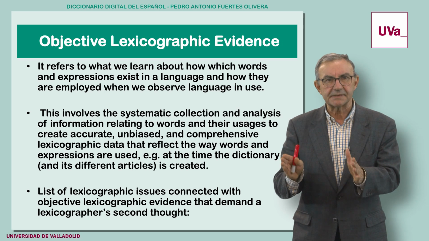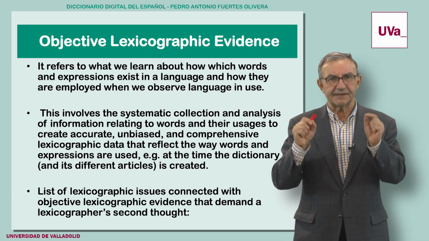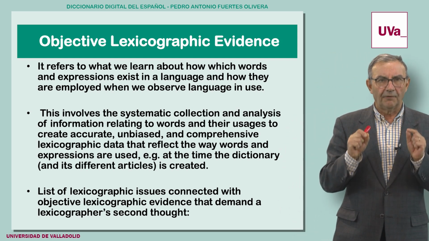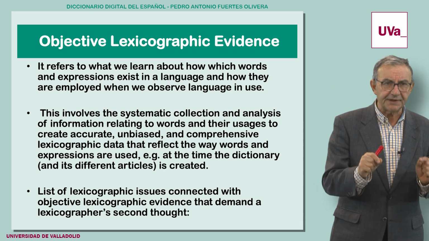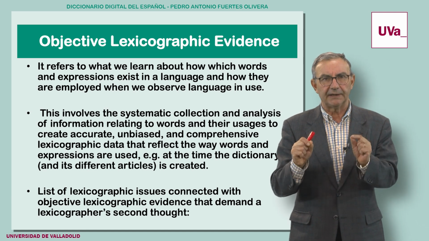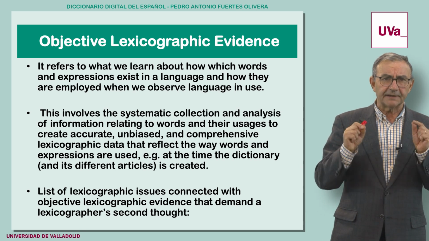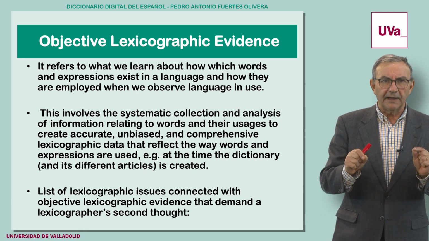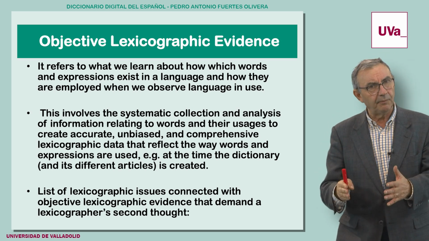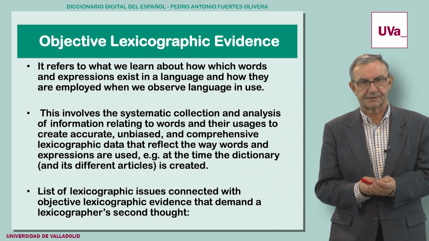This involves the systematic, I repeat, systematic collection and analysis of information relating to words and their usages, so as to create accurate, unbiased, and comprehensive lexicographic data that reflect the way words and expressions are used, for example, at the time of compiling a particular reference work.